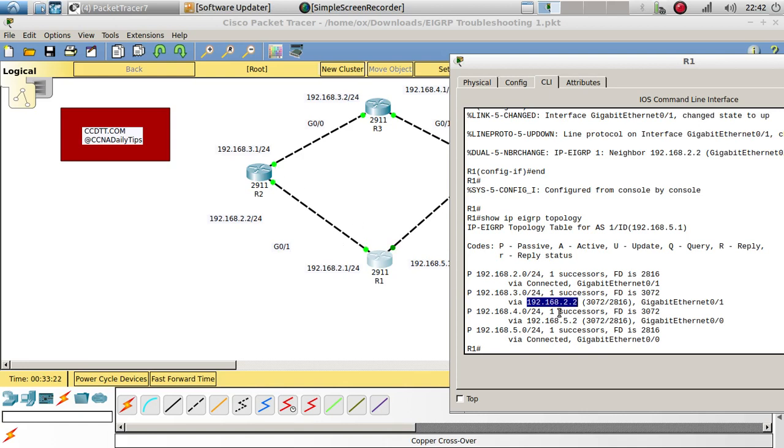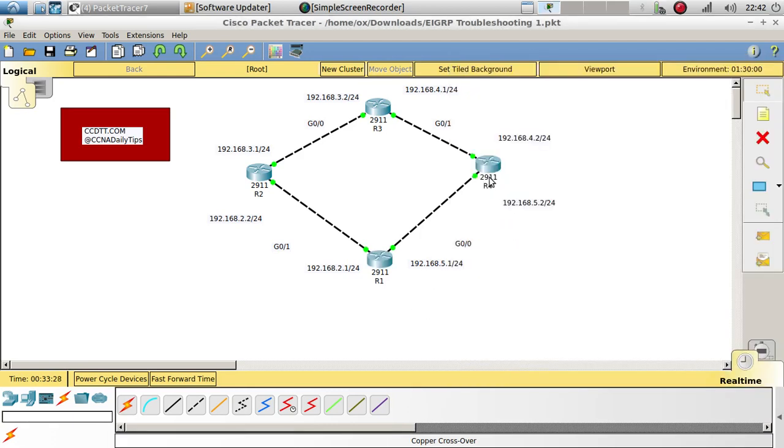And since router 2 is working, it becomes the successor, and the feasible successor is router 4, which means the backup route to router 3 in case this interface is down. We are going to take router 4 instead of router 2, because when this one becomes unavailable, then we go this way, because that's another route.